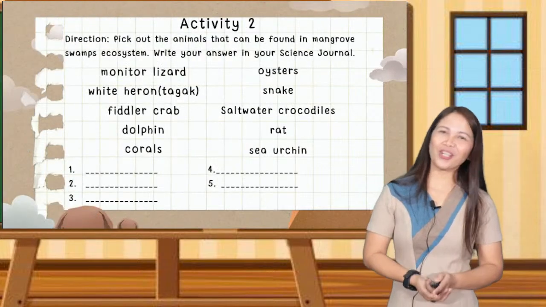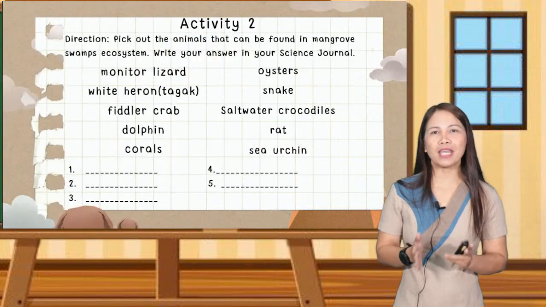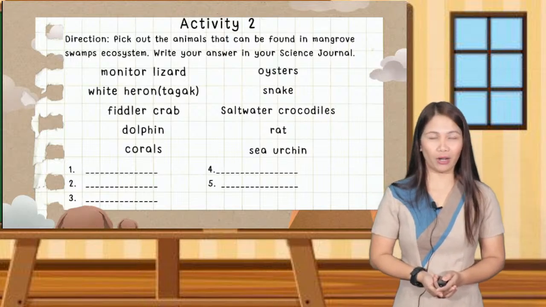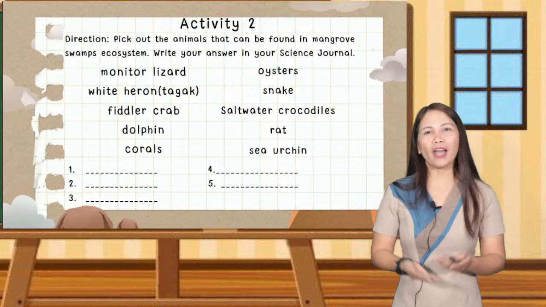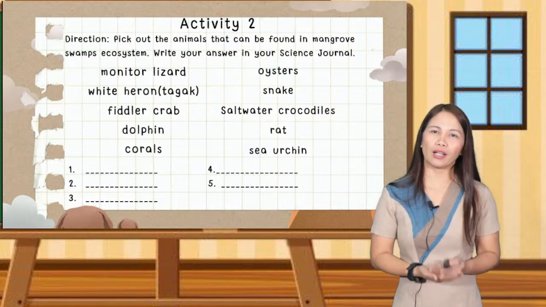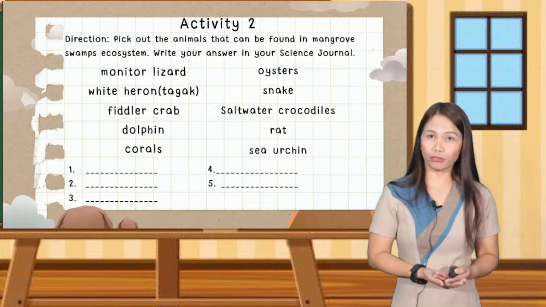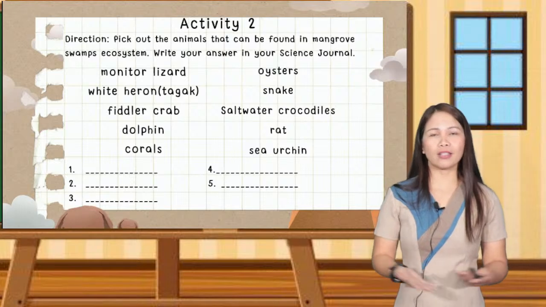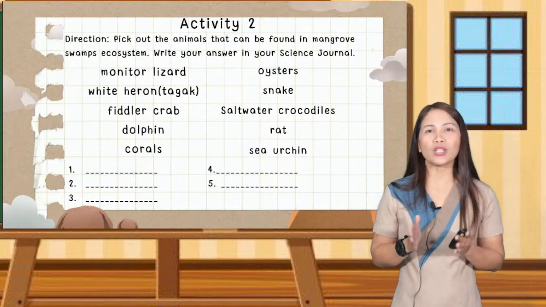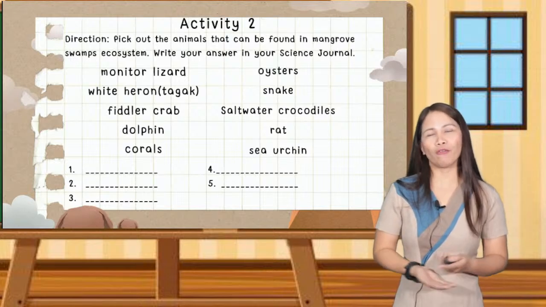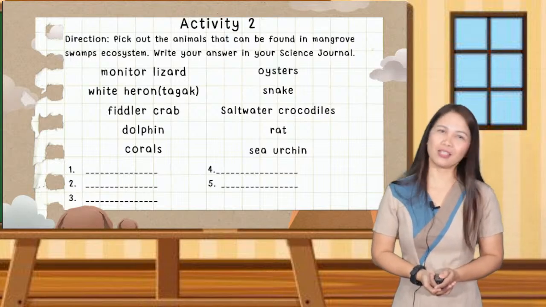Wait, there's more. For the second activity, pick out the animals that can be found in the mangrove swamp ecosystem. We have here some examples like monitor lizard, white heron or tagak, fiddler crab, dolphin, corals, oysters, snakes, saltwater crocodiles, rat, and sea urchin. You are going to list down or pick the animals that can be found in a mangrove swamp ecosystem.